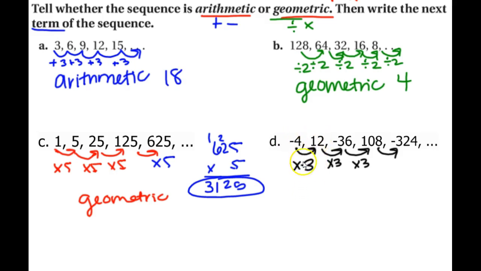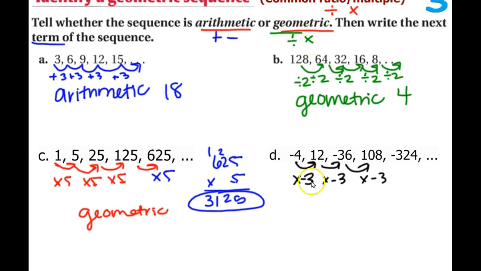Well, negative times a negative makes a positive. 12 times 3 is not negative 36. So every time here, instead of multiplying by 3, we're multiplying by a negative 3, which is okay. That is still not arithmetic, because we're multiplying. This is a geometric sequence.